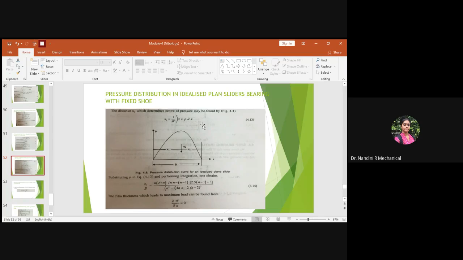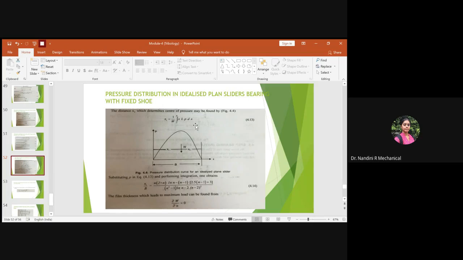So this will be the equation we follow to identify the distance at which the pressure will be comparatively higher, right? So once the distance equation has been figured out where the load will be maximum, you should try to find out an equation for that and calculate the maximum load.